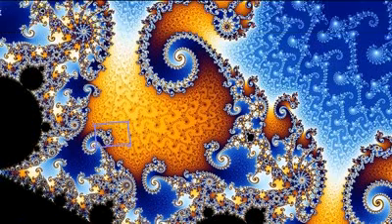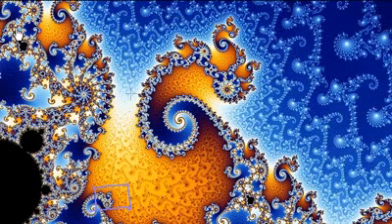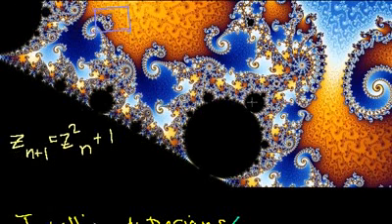If you were to show this to someone 300 years ago, they would say this is the finest design anyone might have ever devised, because it's so infinitely complex. But now we know that this can be completely described by this simple equation, literally.